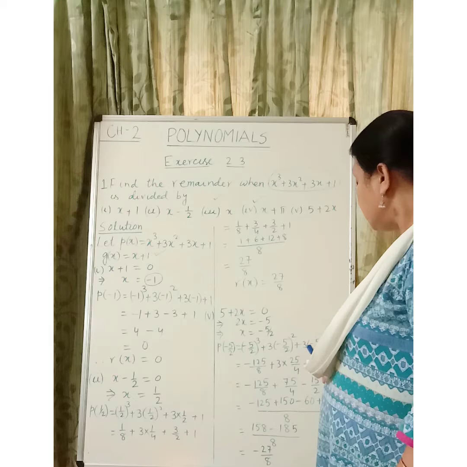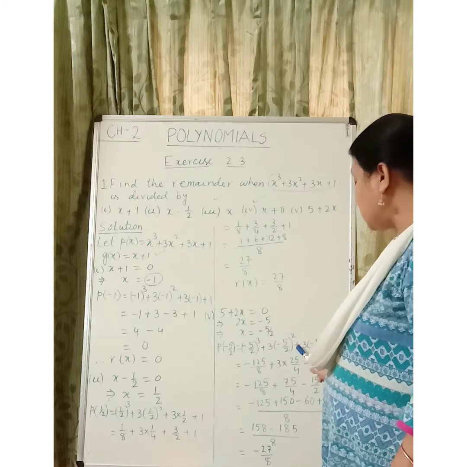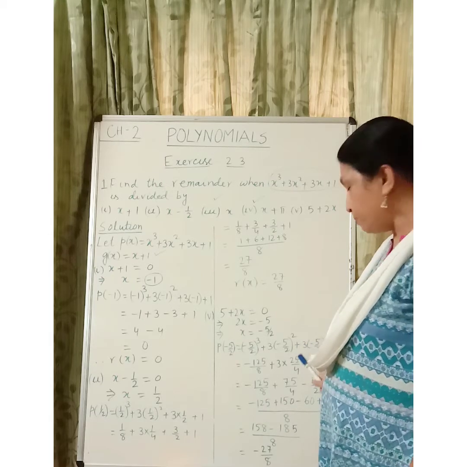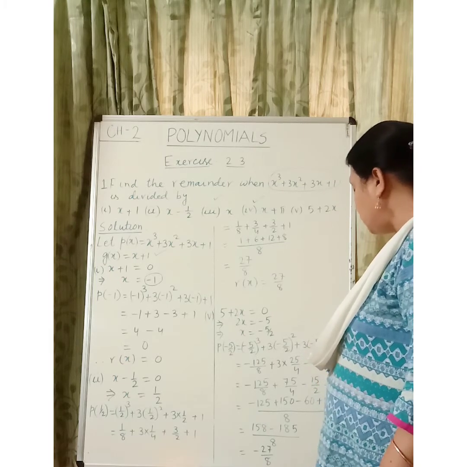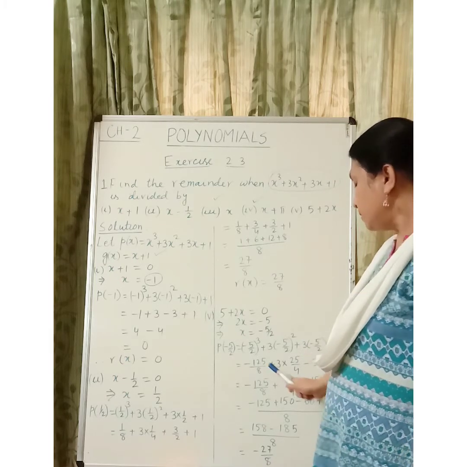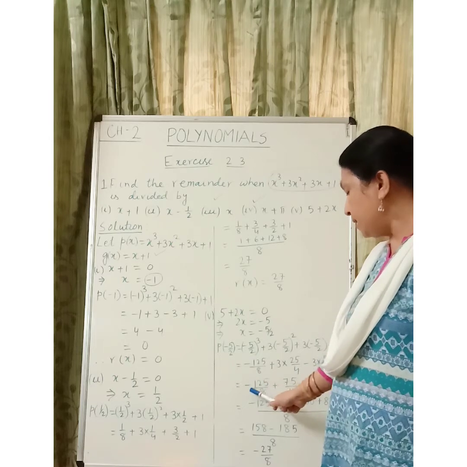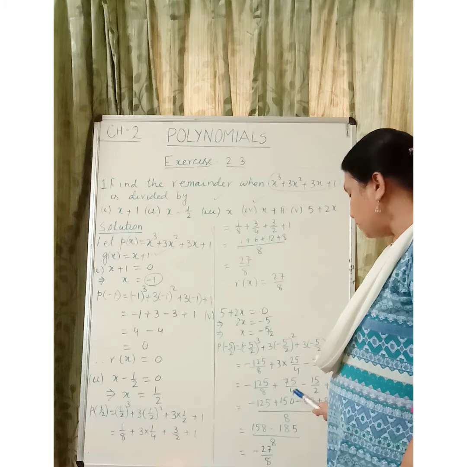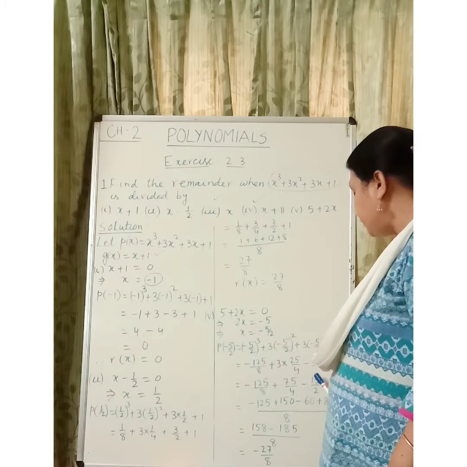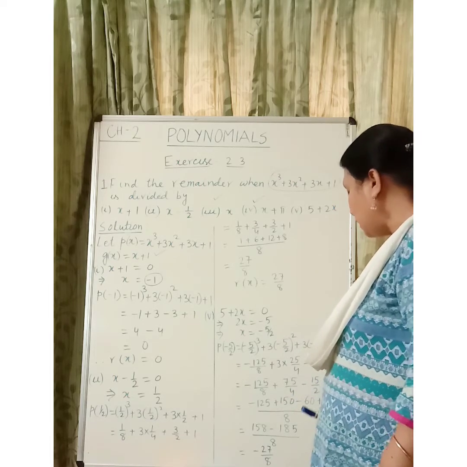Then plus, here positive multiplied with negative becomes negative. So 3 into 5 upon 2 plus 1. Finally we are getting minus 125 upon 8 plus 75 upon 4 minus 15 upon 2 plus 1.